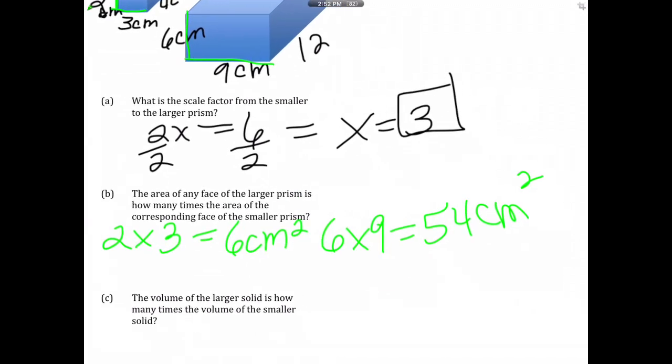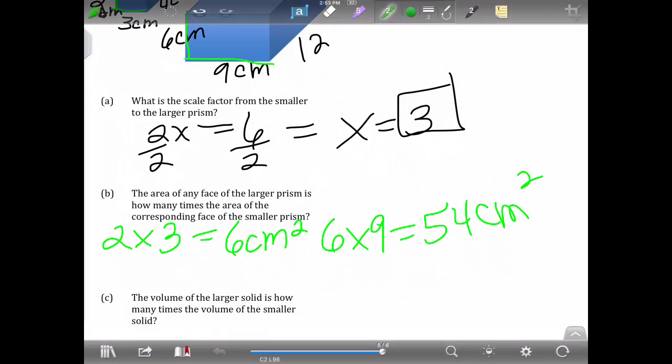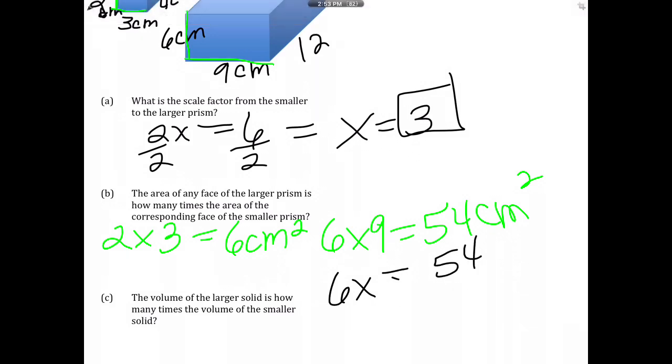So then when we do the scale factor, 6x equals 54. We divide. And then for the actual area, the scale factor is 9. Okay, so for the area, it's a scale factor of 9.